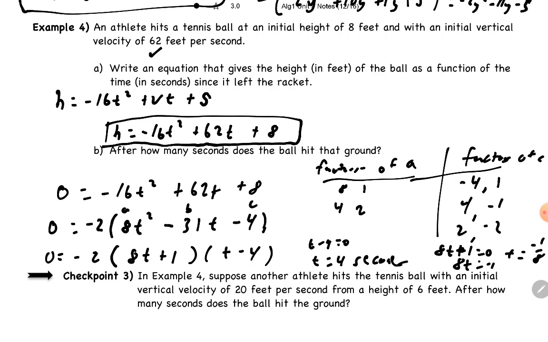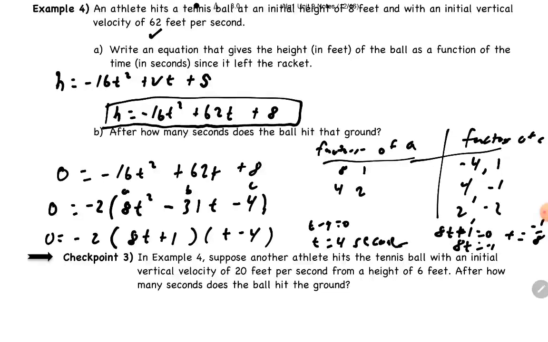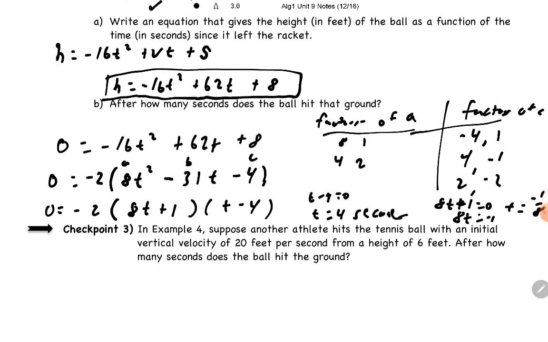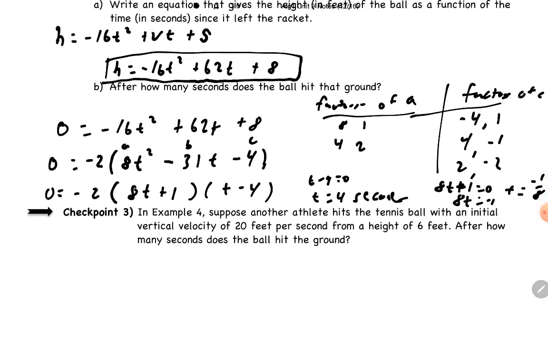So we only have one answer of t equals 4 seconds, because it only makes sense that the ball hits the ground once. I mean, it bounces, but that's a bit different. That requires a different formula.